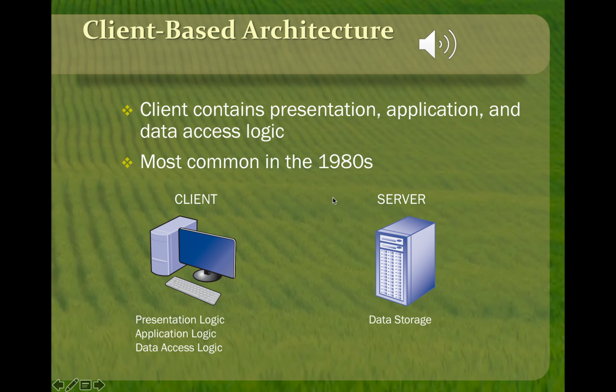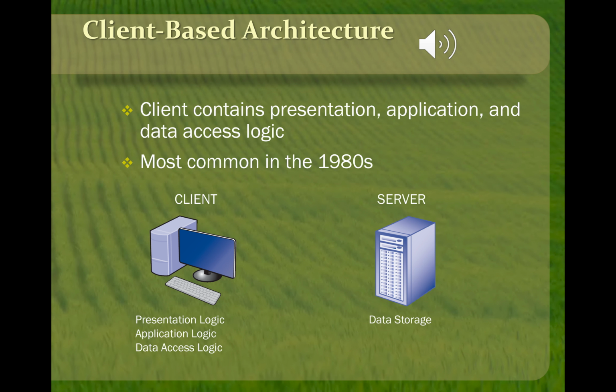Coming into the 1980s, host-based architecture started to yield to a client-based architecture. During this time, the presentation logic, the application logic, and the data access logic would all run on the client machines.